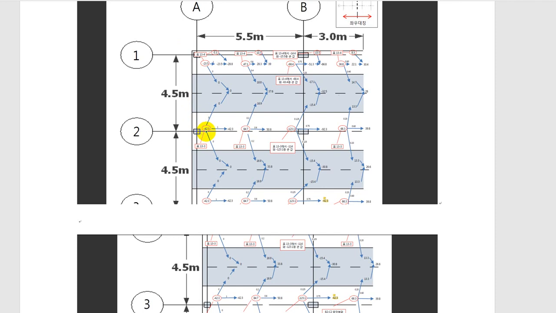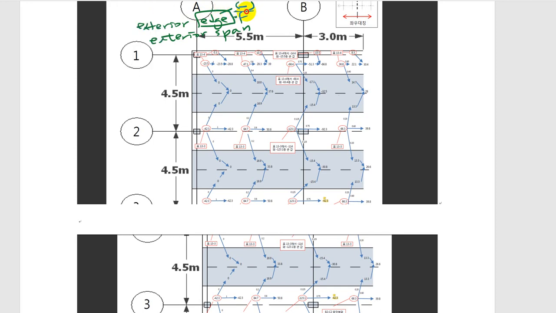So this is exterior edge of exterior span. Okay, exterior edge is a minus moment, right? Okay.